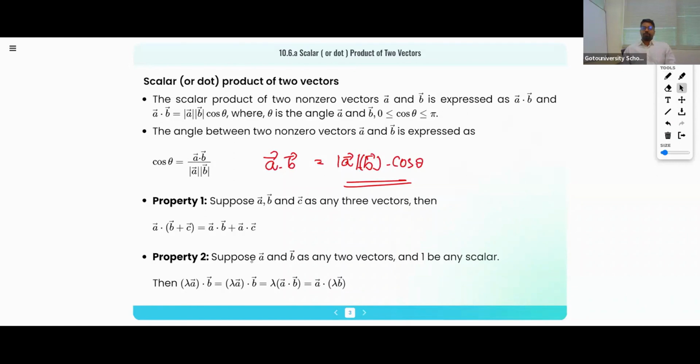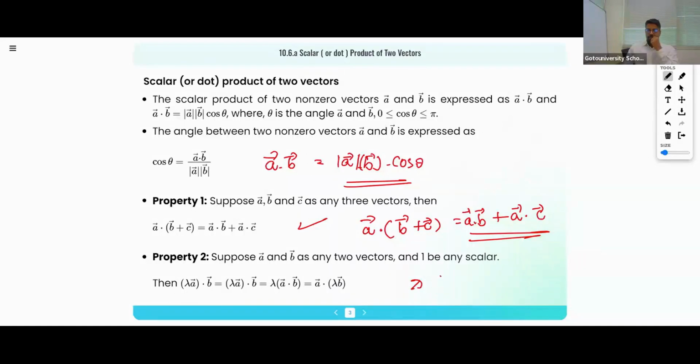Okay, so what is scalar product? We understood. The properties of scalar product: it is distributive over addition. What do you mean by that? A dot (B plus C) can be written as A dot B plus A dot C. That is distributive in nature. Similarly, if you are multiplying a lambda, you can multiply lambda in any order, it is associative also.